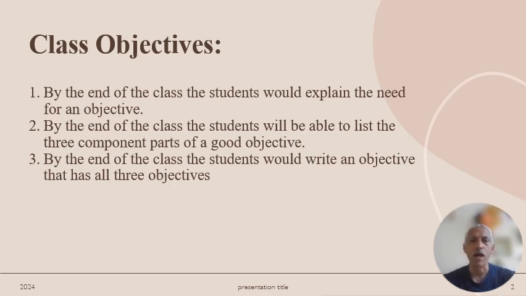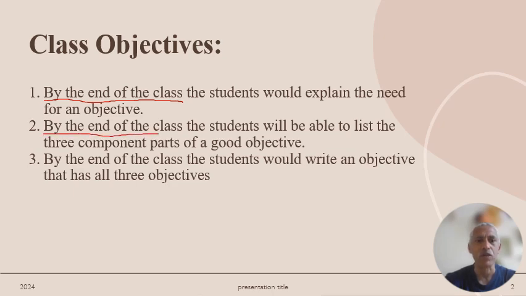So let me point out, I'll discuss it shortly, some important things I want you to notice. When is it that I want you to be able to do whatever I want you to do? You can see it says by the end of the class, and it is repeated in all of them.